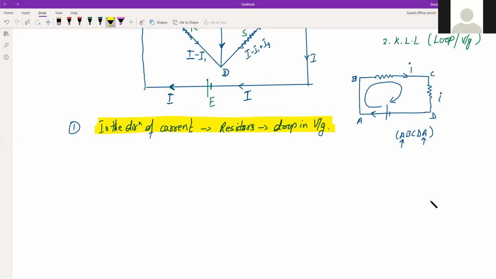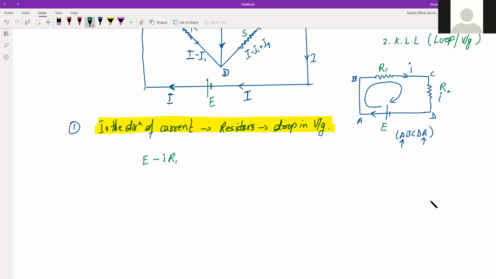So suppose the EMF here is E, this is R1, and this is R2. Obviously the current in both is I. So I start with E, that is positive. Then what came in my path? It is R1, and the current flowing through it is I. The potential drop will be I R1, and it will be a drop because I am moving in the direction of current, so I'll write it as negative.